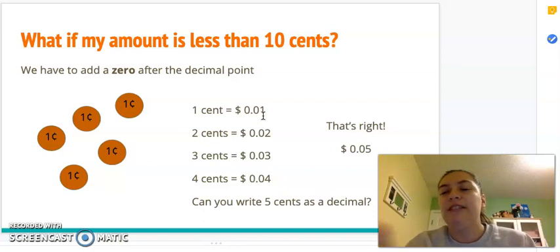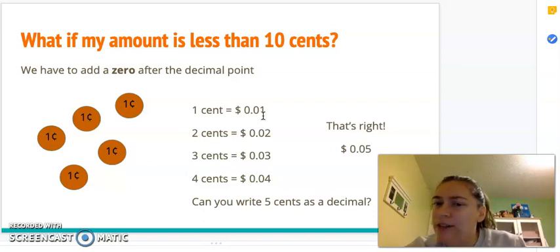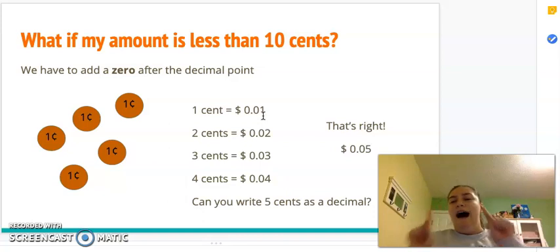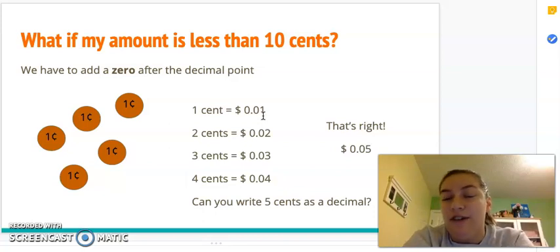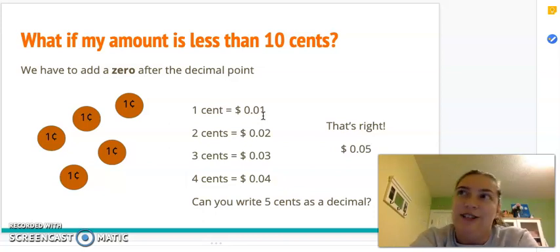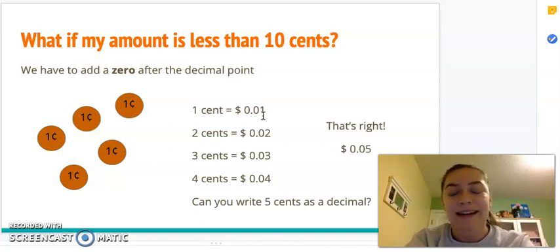But wait, I know what you're going to ask. Why don't I put the cent sign after 0.01? It's cents, not a dollar. It's 1 cent. Aha! You are right. So it is saying you have 1/100th of a dollar. And we haven't talked about fractions yet this year, so if you're just like, huh? What does that mean? That's okay.